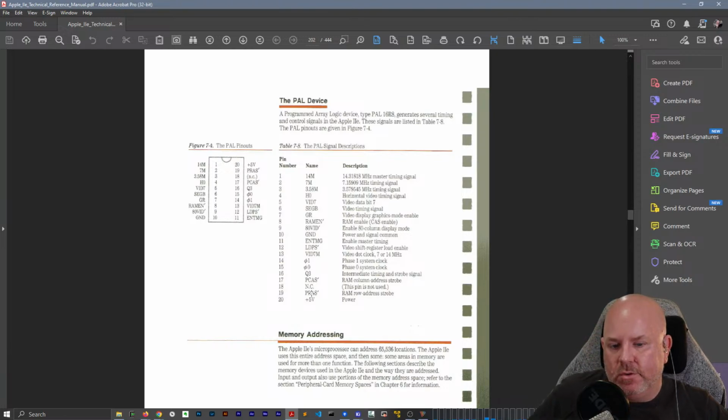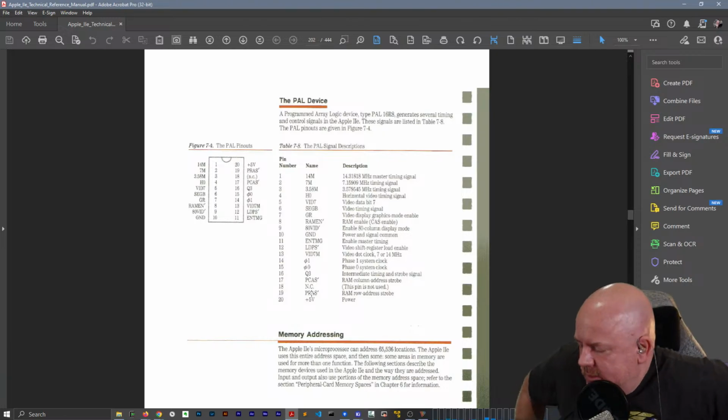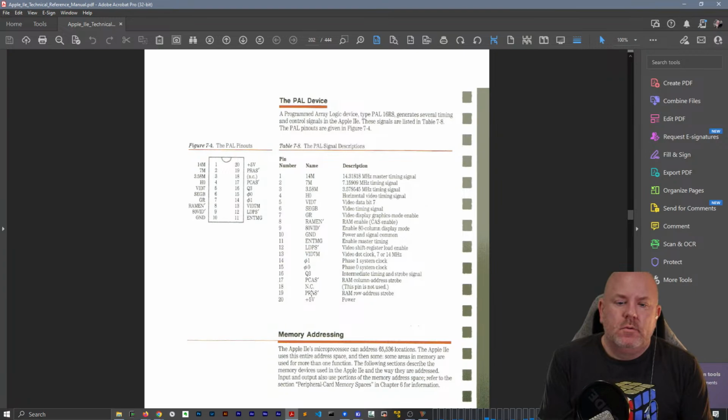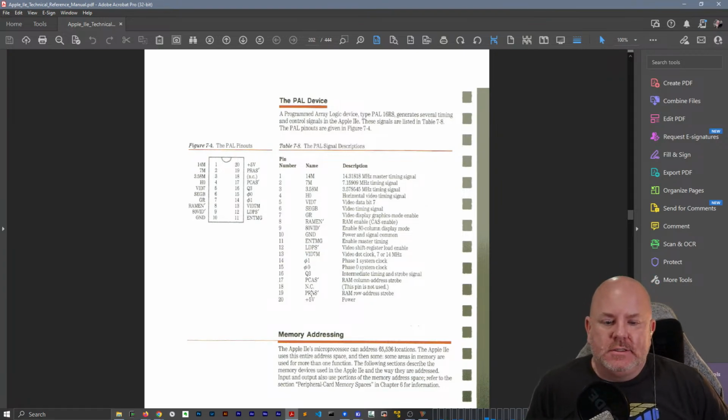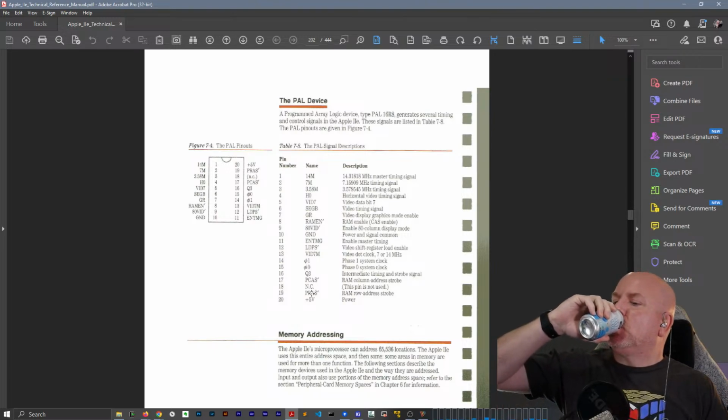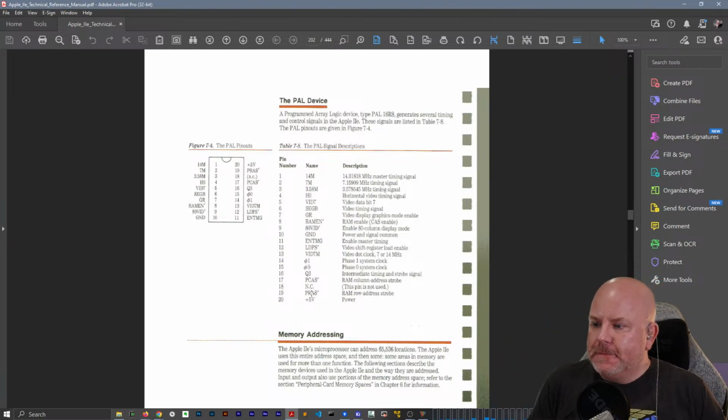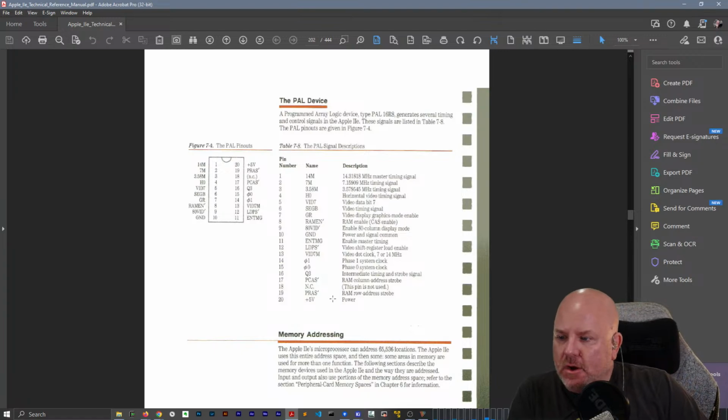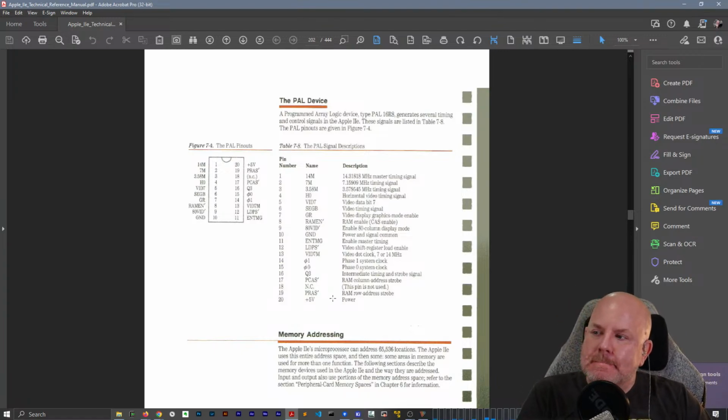Yeah, it's the RAM row address strobe. Oh, it's RAS. So that's for the refresh. Alternate video amplifier? Okay. Interesting.